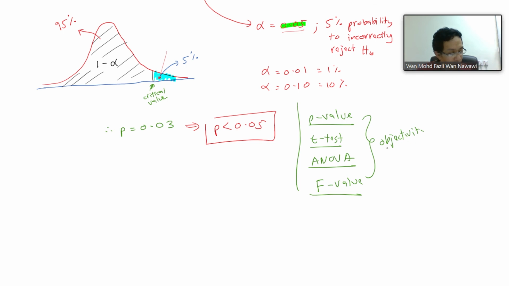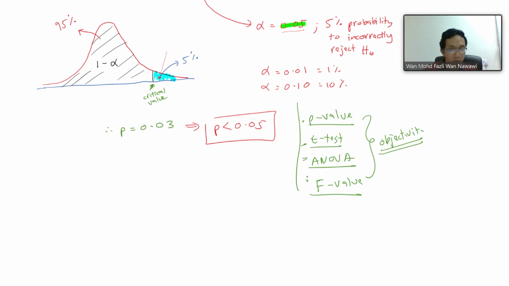Okay, so you add the objectivity. In other words, you don't make judgment based on what you think. You make judgment based on the statistical evidence that is given. This is an example of statistical evidence: the numbers, the R squared, whatever. So that's how statistics comes into DOE.